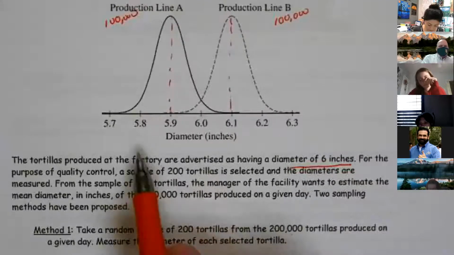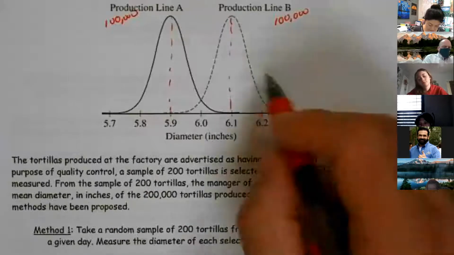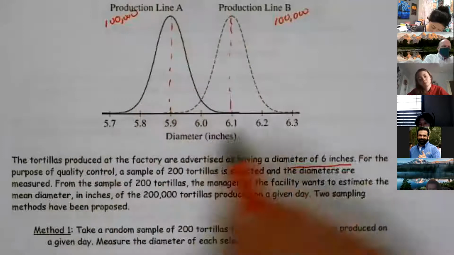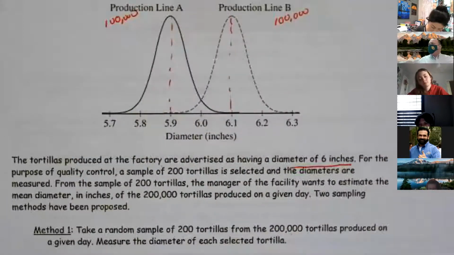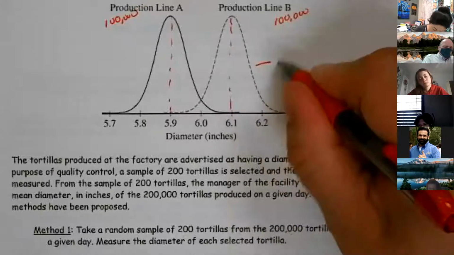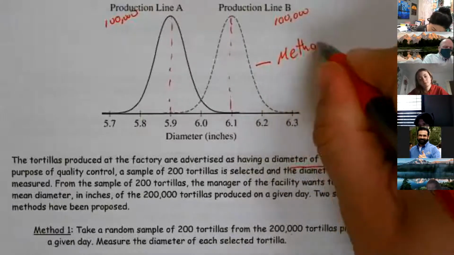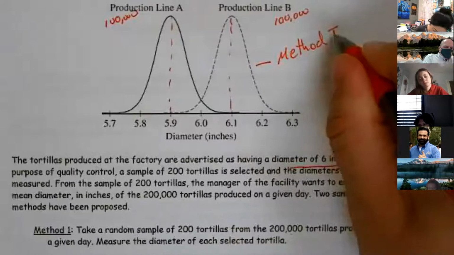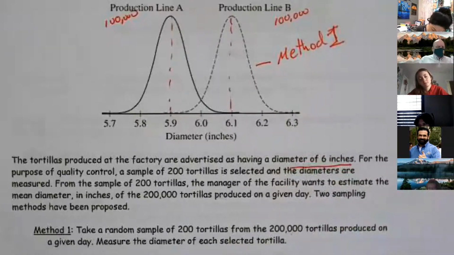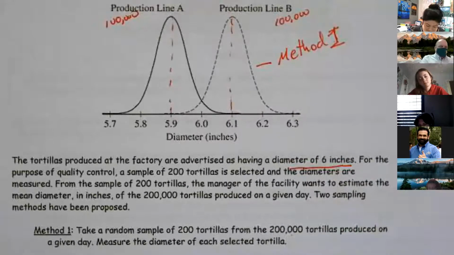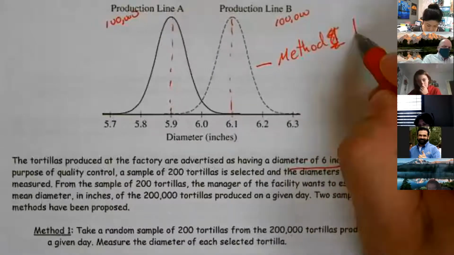Well, if I do that, I should end up with a distribution that looks about like this, because ideally my sample will look like the population. So method 1 should give me something that looks about like the population. I know that doesn't look like a 1, but that's supposed to be a 1.